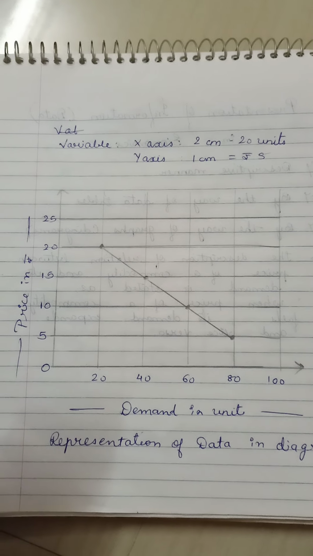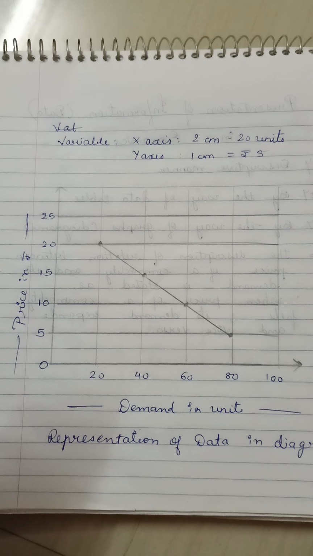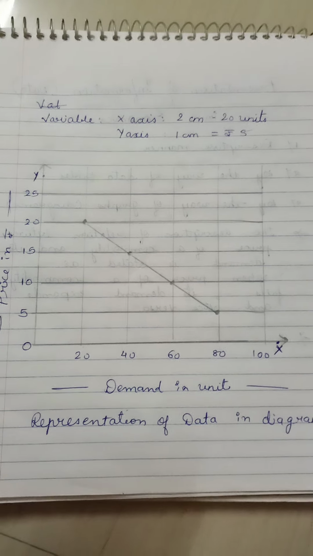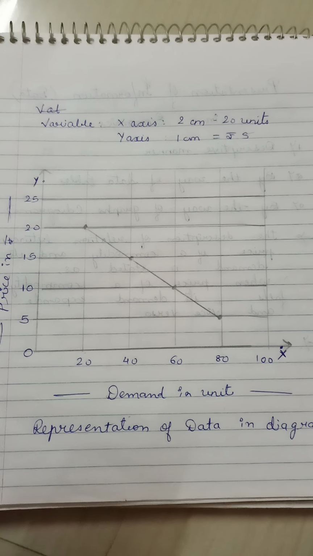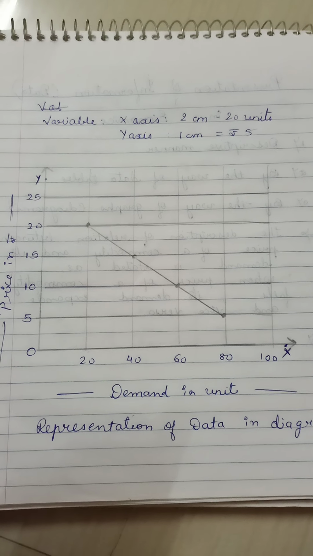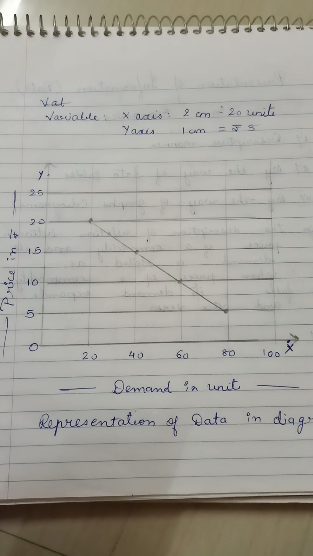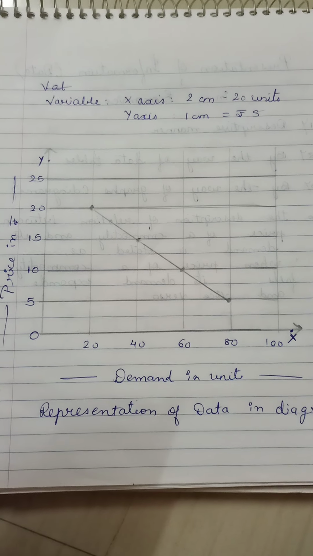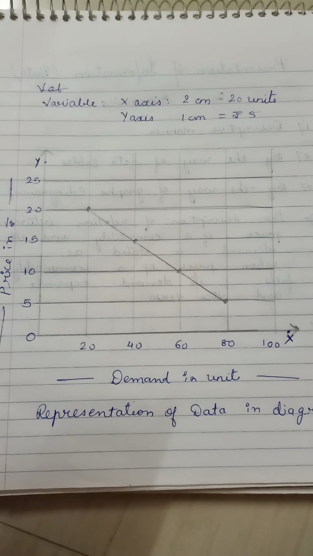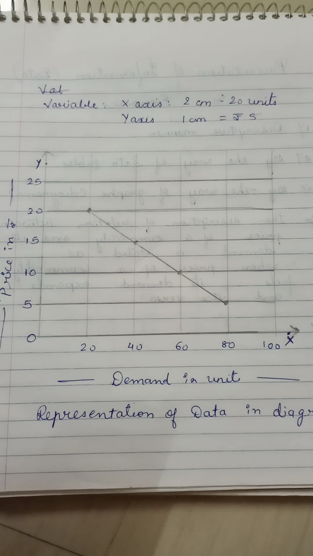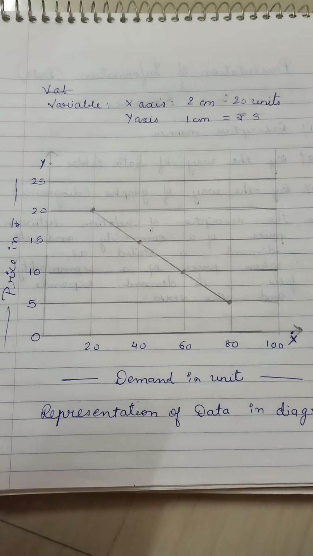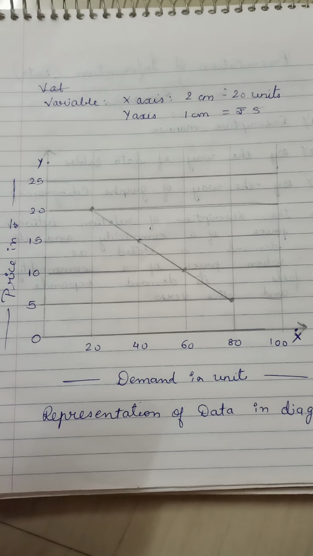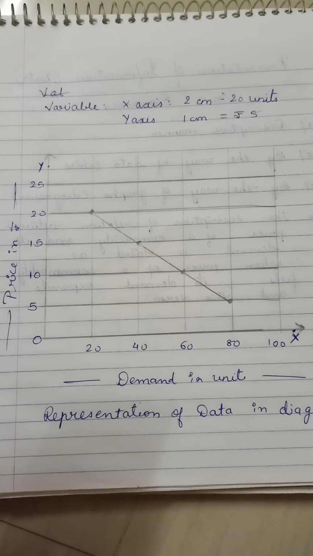On the x-axis, demand in units, and on the y-axis, price in rupees. On the x-axis, 2 centimeters, students, as I have not drawn it on graph paper, so it is taken approximately. On the x-axis 2 centimeters is 20 units, and on the y-axis 1 centimeter equals 5 rupees, that is the price in rupees.